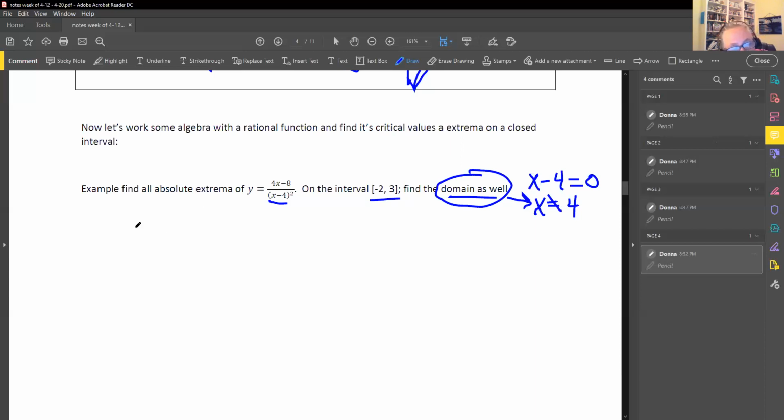So let me find the critical values by taking the derivative. The top is 4x minus 8, and the bottom is x minus 4 squared. The derivative of the top would be 4, and the derivative of the bottom would be 2 times x minus 4.